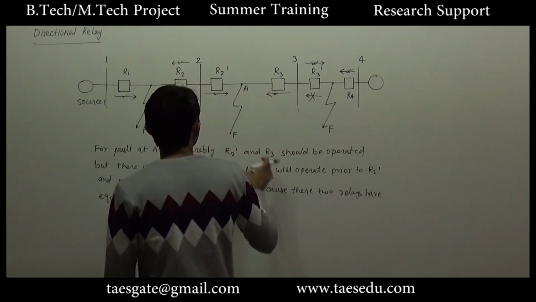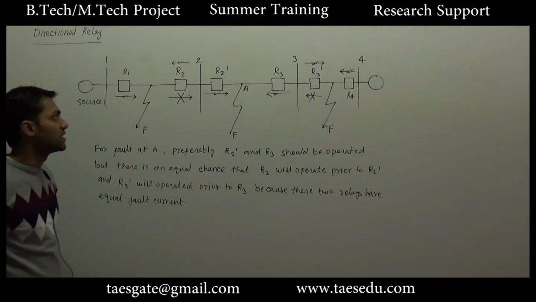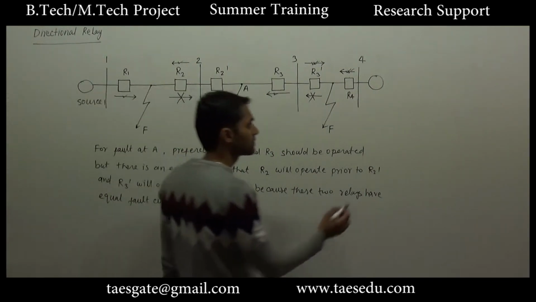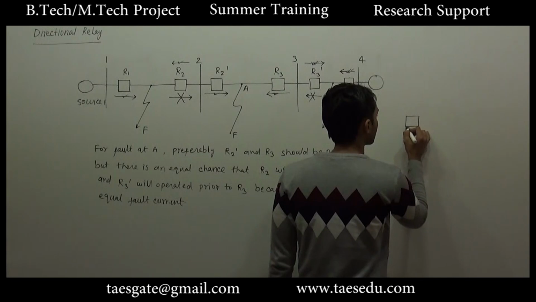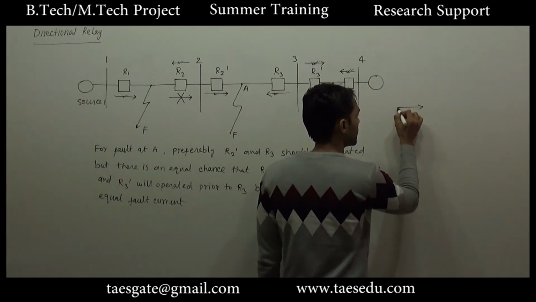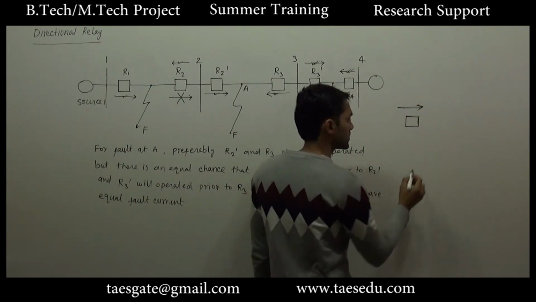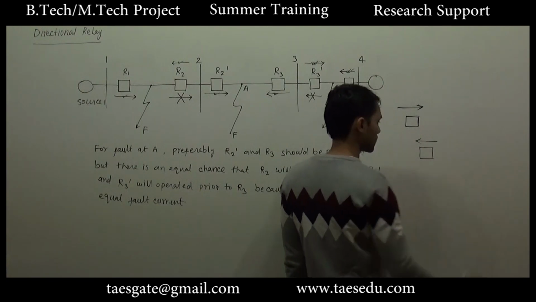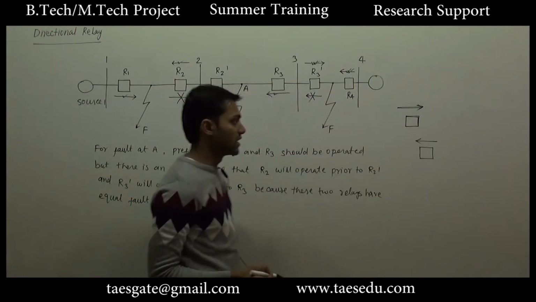So if we make a relay operate only for one direction of current, that relay will be called a directional relay. If a relay operates for left to right direction of current, for this relay we will indicate an arrow from left to right. Similarly, if a relay operates for right to left direction of current, accordingly we will indicate an arrow.